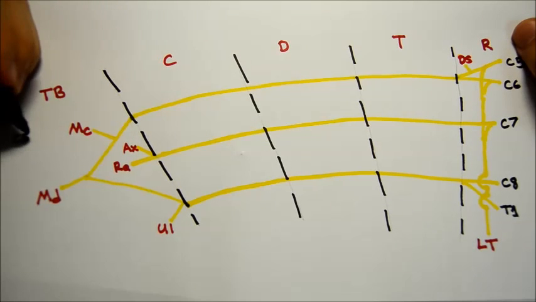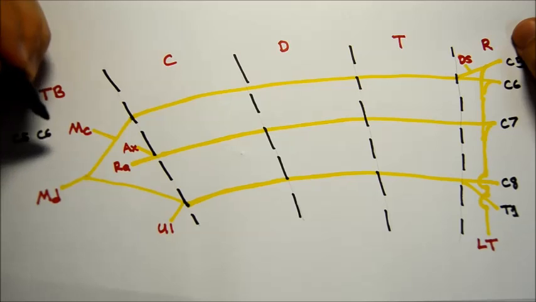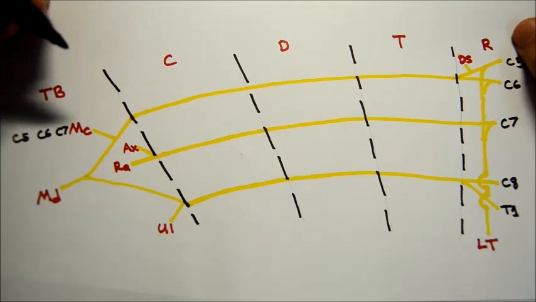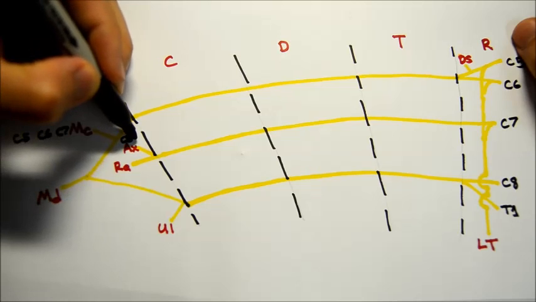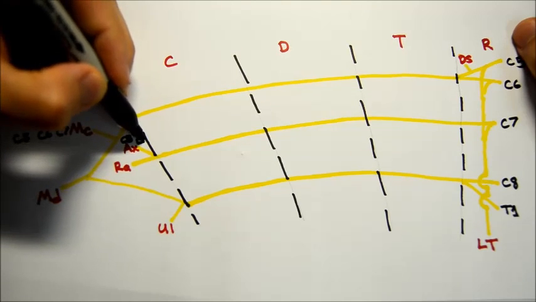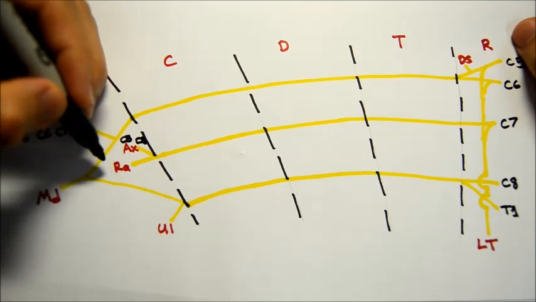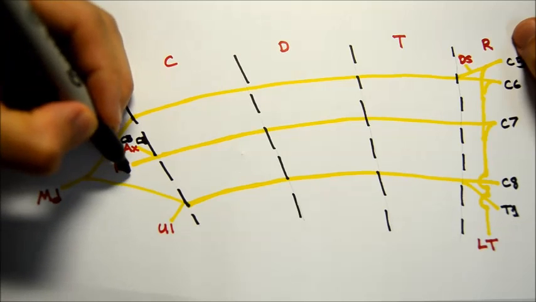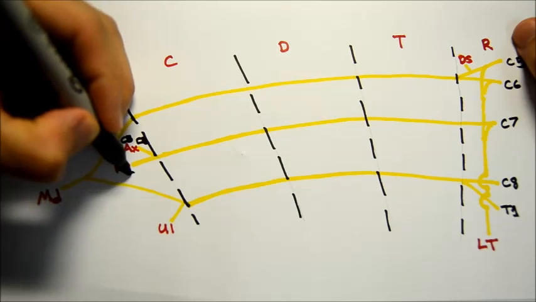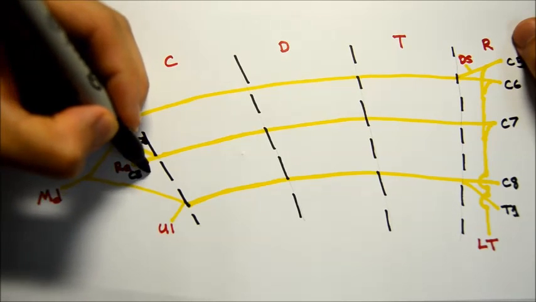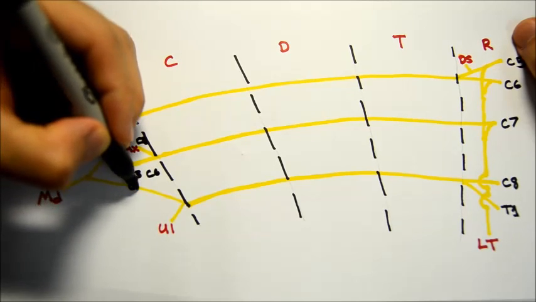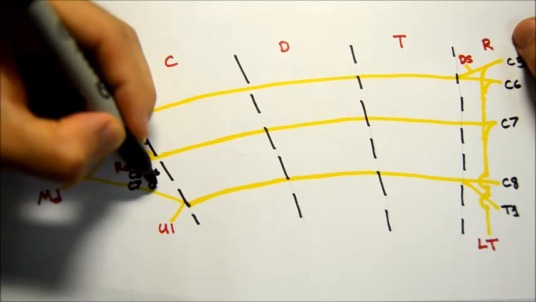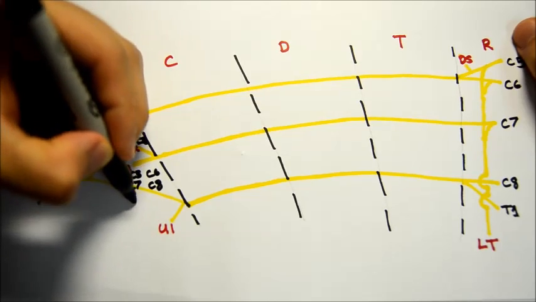C5, C6, and C7. For axillary, we have C5 and C6. For radial, we have C5, C6, C7, C8, and T1.